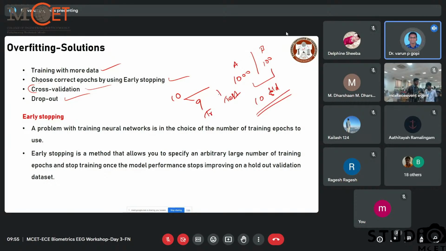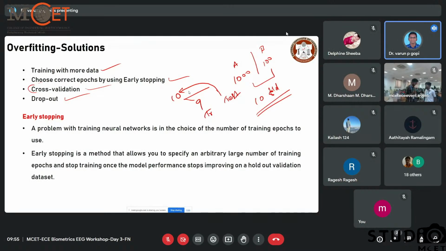After this process, we put it back into the group and take another fold for testing. Similarly, we do this for all 10 blocks. Then you take the average. That will give you a tenfold cross validation.